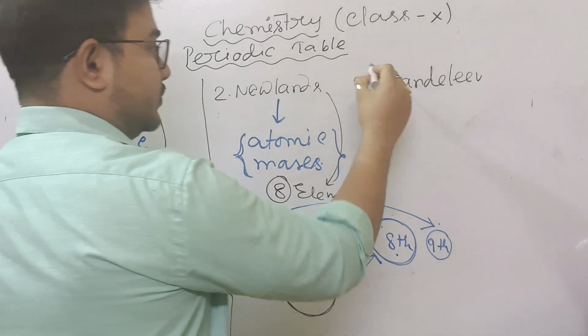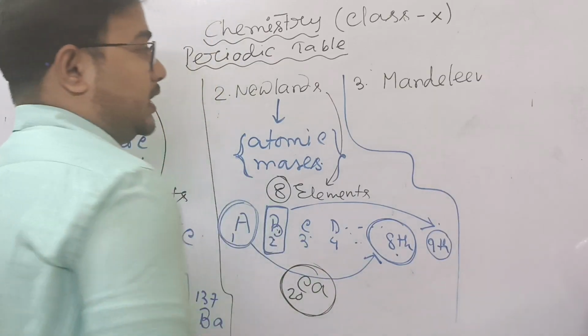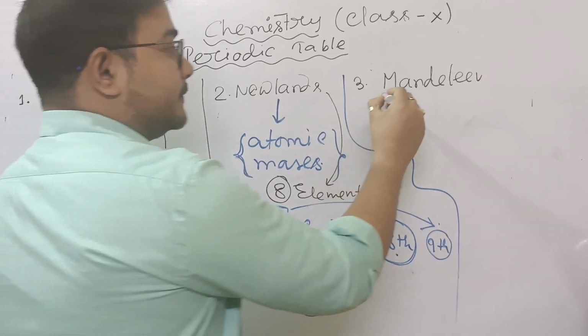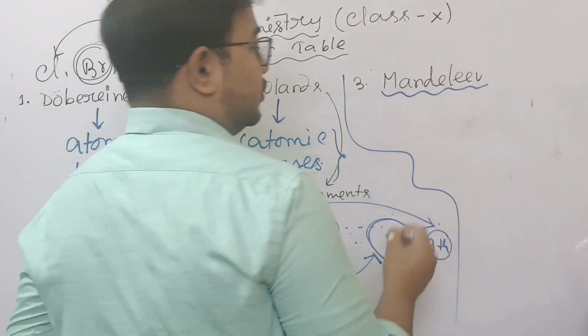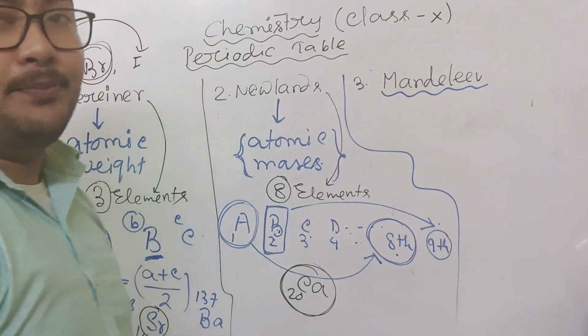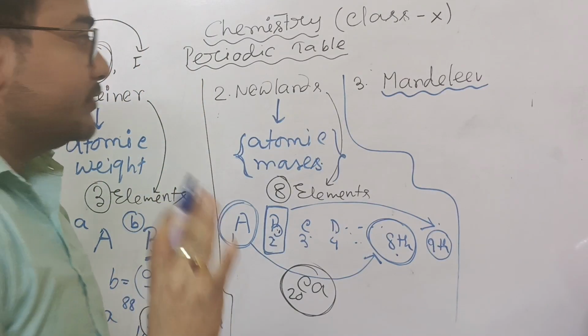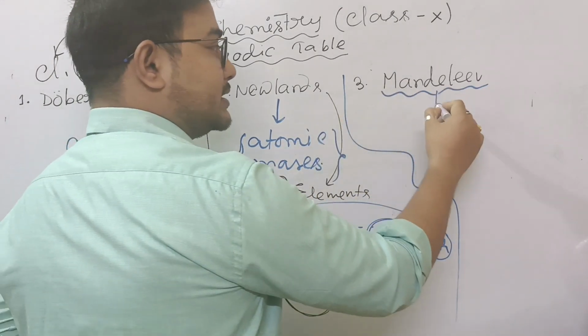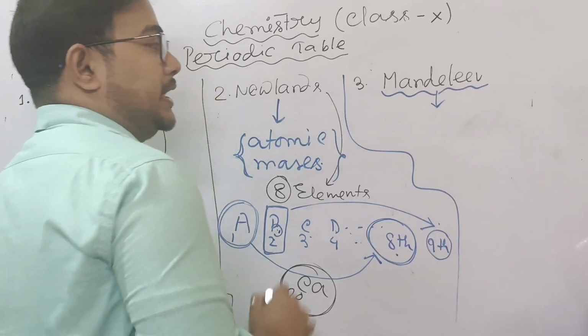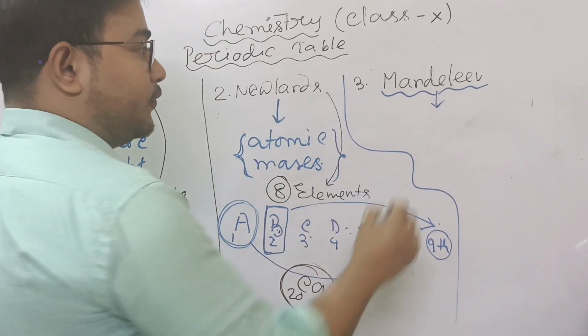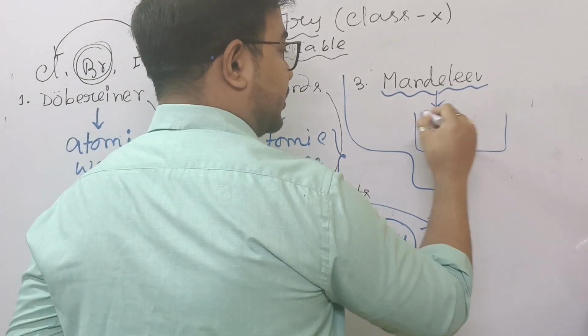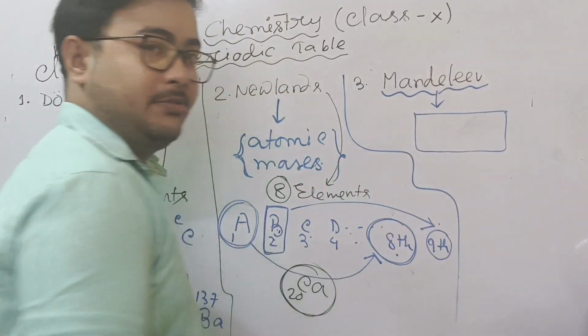Now next, okay, Mendeleev was the first scientist who arranged the elements in a proper periodic form. Try to understand, Mendeleev was the first scientist who arranged the elements in tabular form. He first arranged the elements.